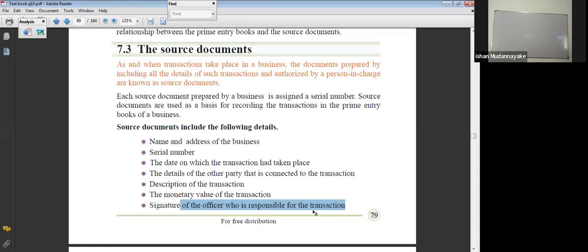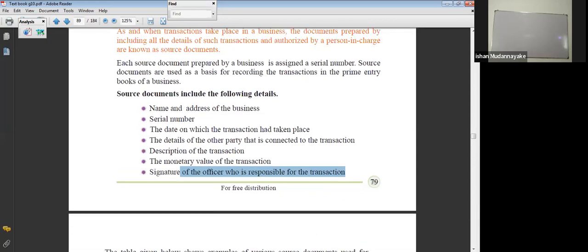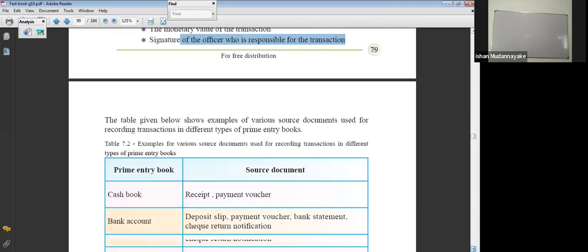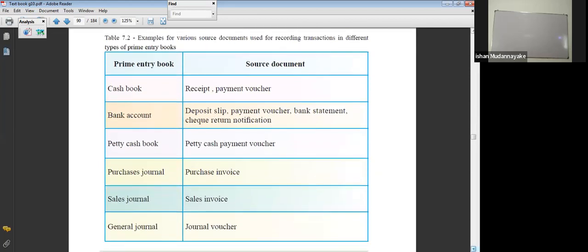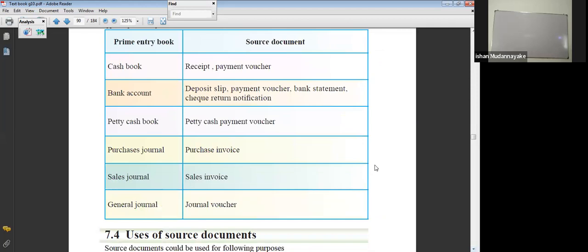Enough. While we discuss the primary books, we will discuss source documents again. Students, these are the primary books we need to discuss: cash book, with receipt, payment voucher, bank deposit slip, bank statement. We will discuss these source documents later with other lessons.